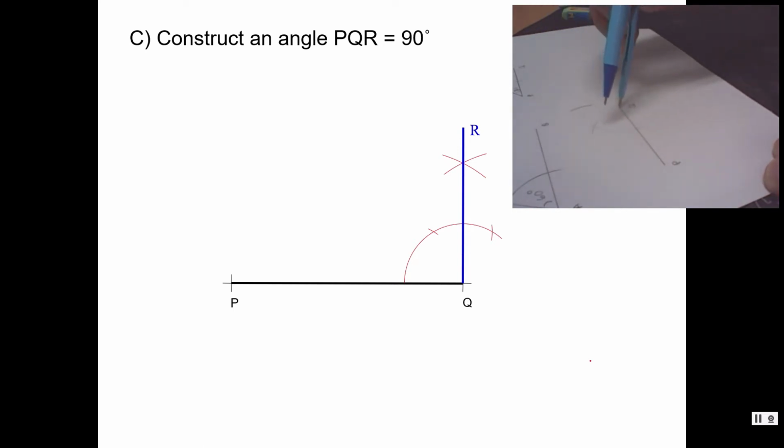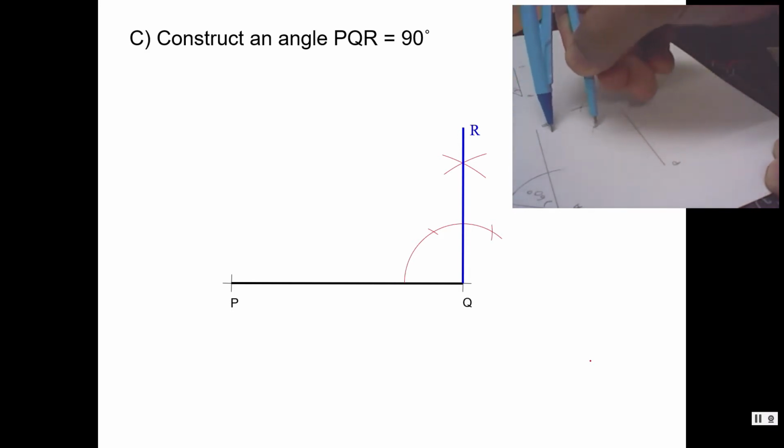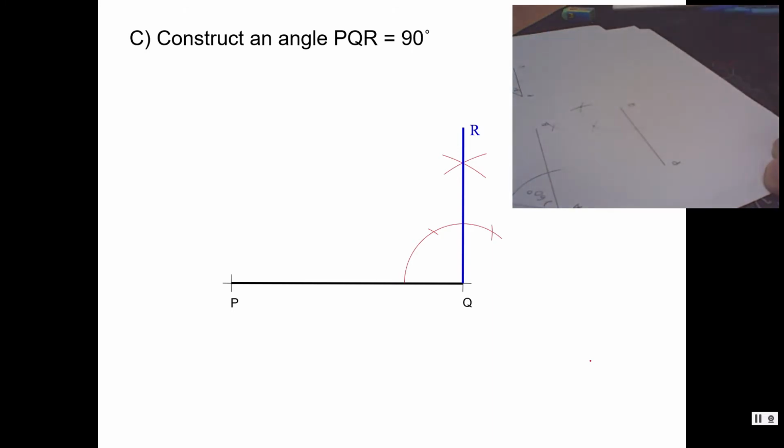So we need to extend this a bit. Now you already have these two points. From these two points you draw a circle from here and from here, so that you get the point here.